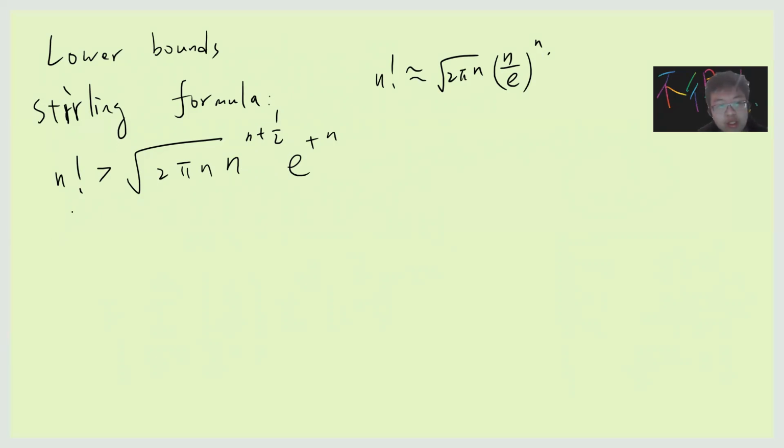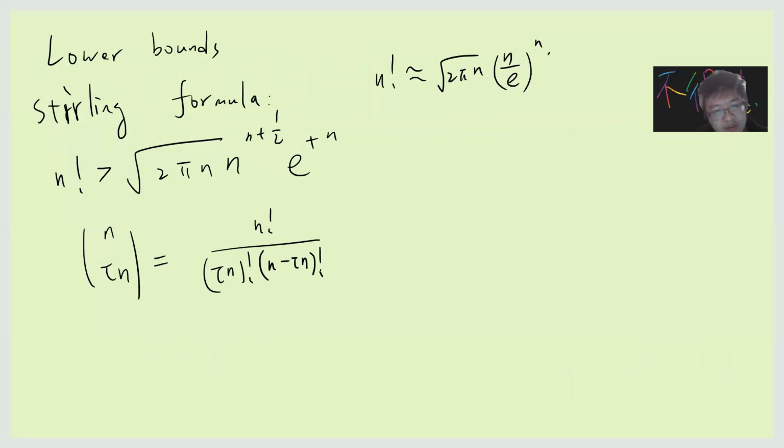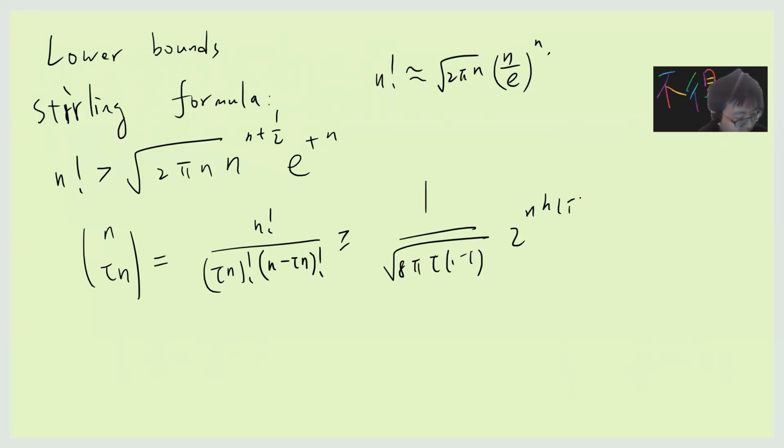You can do exactly the same calculation. So you can prove that n choose tau n, if you just expand it, is n factorial over tau n factorial times (n minus tau n) factorial, and then you just use this. You can prove this is greater or equal to 1 divided by square root of 8 n tau (1 minus tau) times 2^(n h of tau).